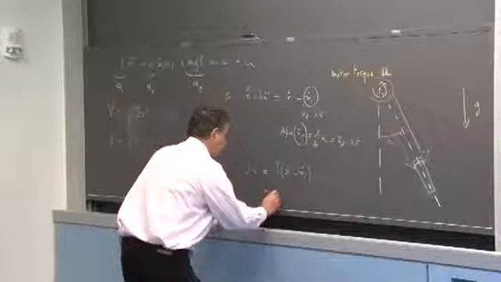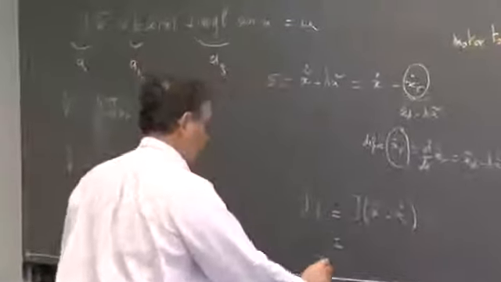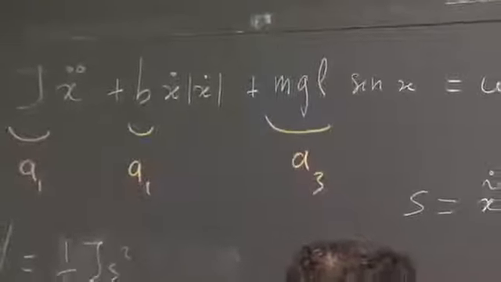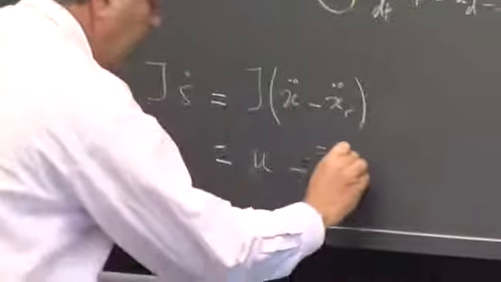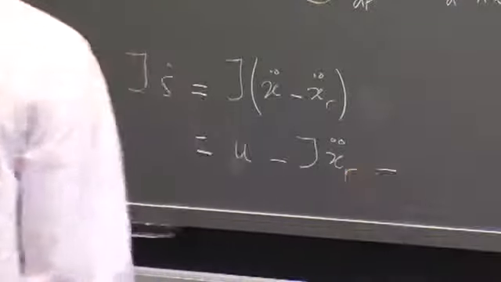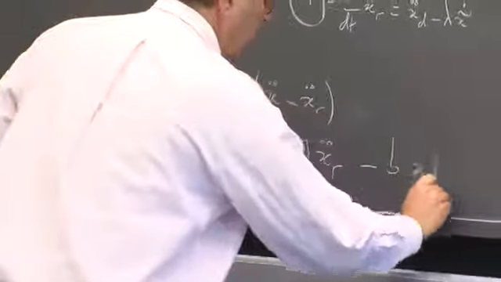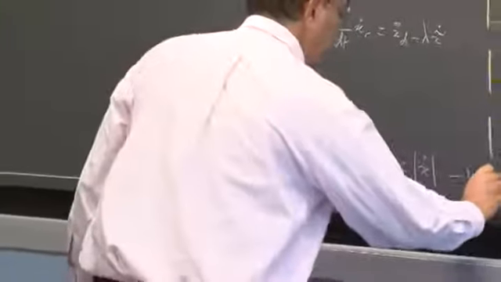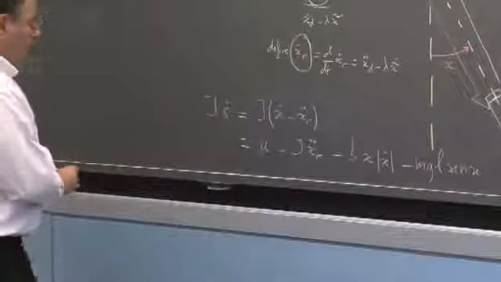Okay. So we have u minus J x double dot r minus b x dot absolute value of x dot minus mgl sine x. All right?